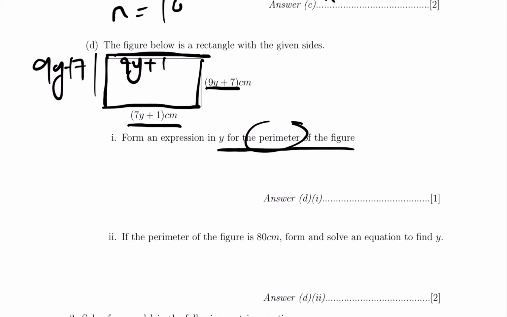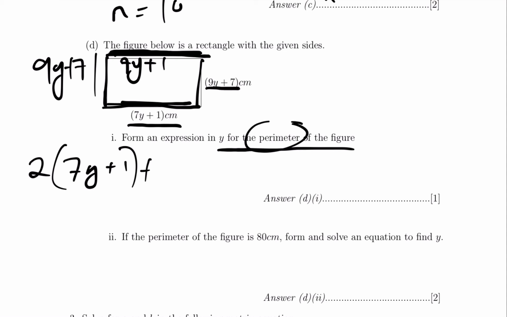Let me start with this side, 7y plus 1, times 2 since the sides are equal. Then plus the vertical side, 9y plus 7, times 2.